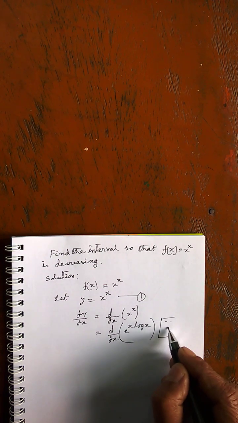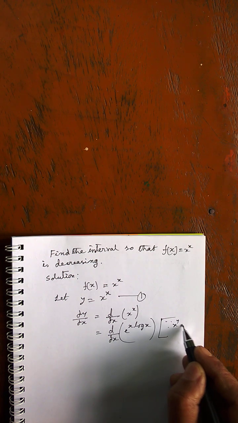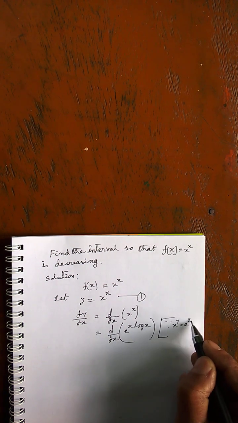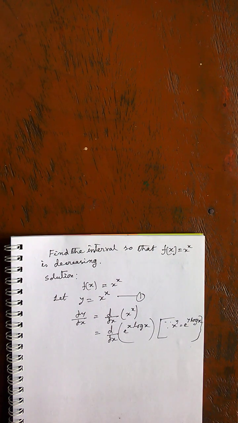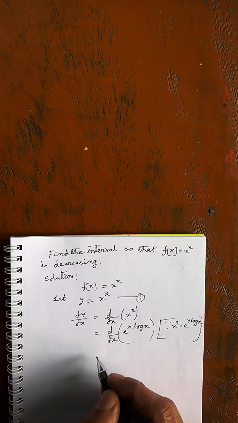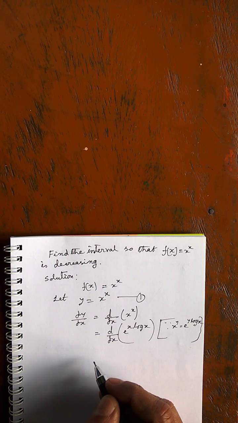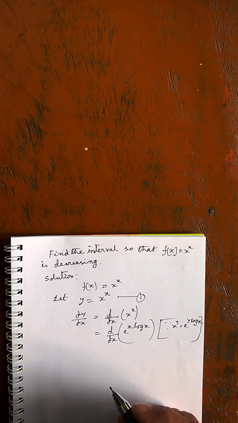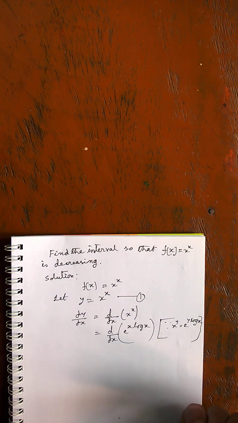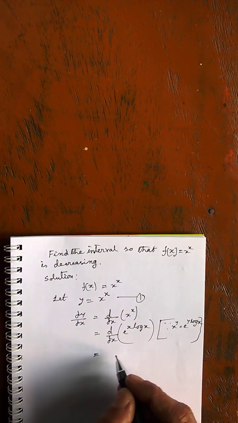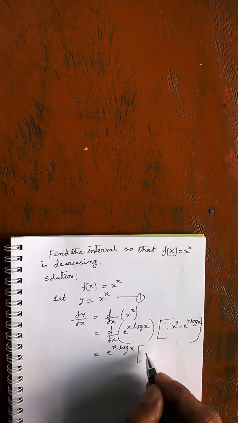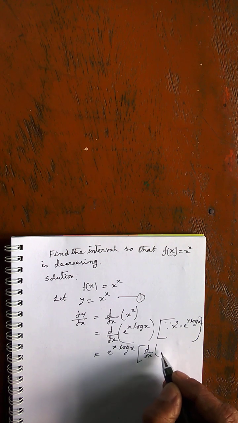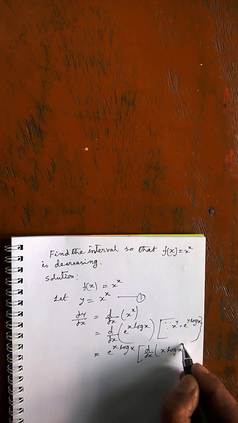Use the formula x^y = e^(y log x). That is equal to e^(x log x) d/dx of x log x.